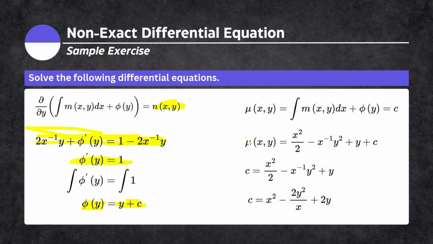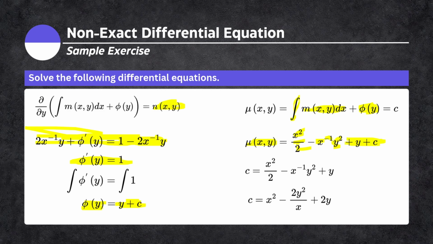So to get the solution, we have here the integral of the m function dx, which is x squared over 2 minus x raised to negative 1 y squared, plus our phi of y here, which is y plus c.